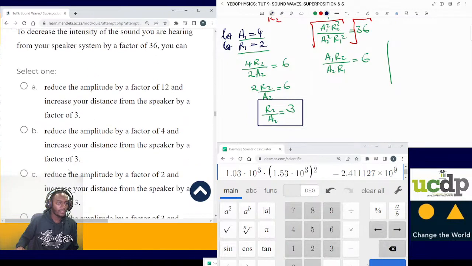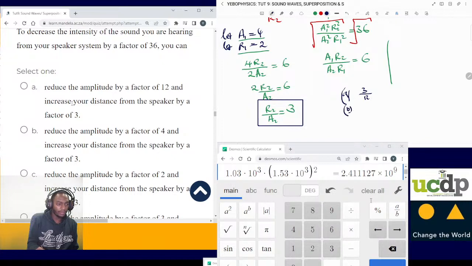From our answers, what we have is increase your distance from the speaker by a factor of 3. So for A, if we were to try A, it will be our distance, which is 3 over 12.